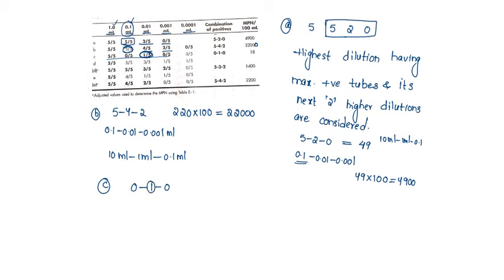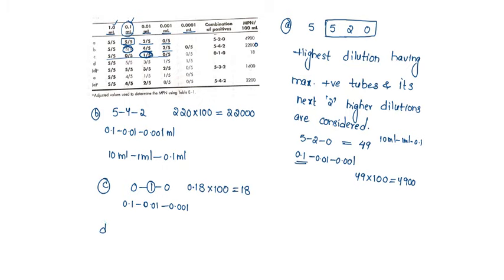Corresponding to this, the dilutions are 0.1, 0.01 and 0.001, and the MPN value from the table is 0.18. It should be multiplied with 100, so it becomes 18.